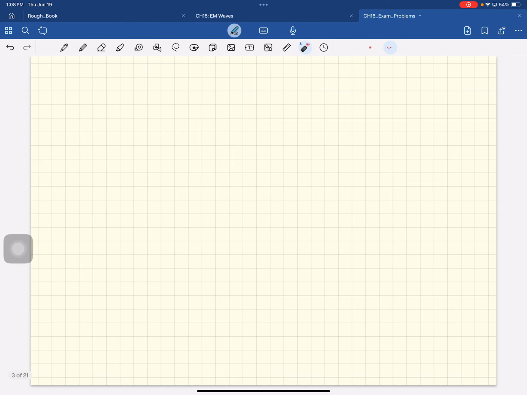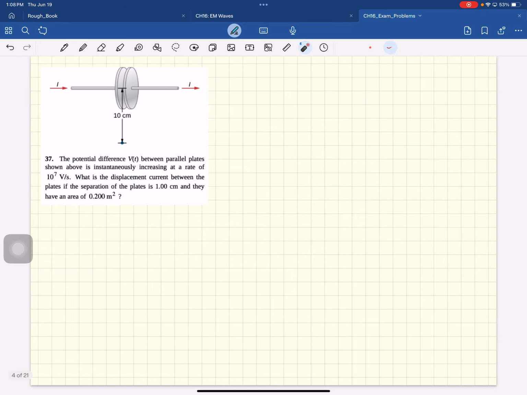So again, the important thing to remember is time varying electric fields behave like currents. And how are the magnetic fields produced? You stick your thumb out in the direction of the current and your fingers point in the direction of the magnetic fields. So the next problem is like that. So here is a current.